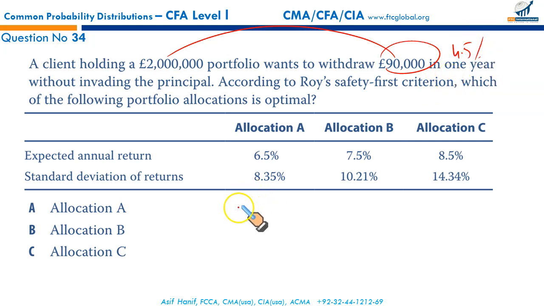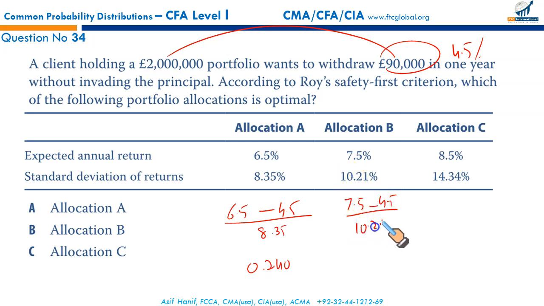Okay, let's do it one by one. 6.5, that's the expected return on allocation A, minus threshold return upon the standard deviation. If you simplify this, it will give you 0.24. For B, 7.5 less 4.5, the threshold, upon standard deviation, gives you 0.294.